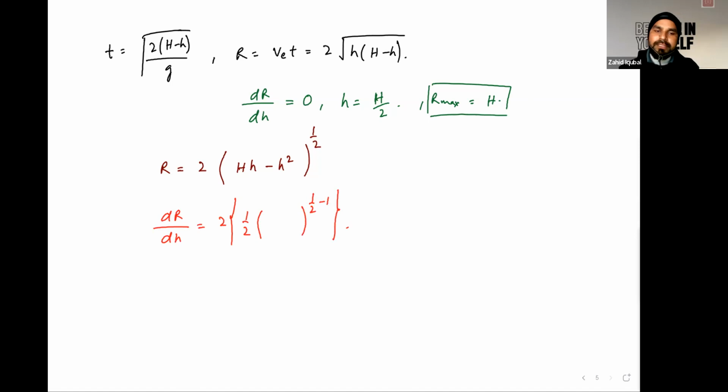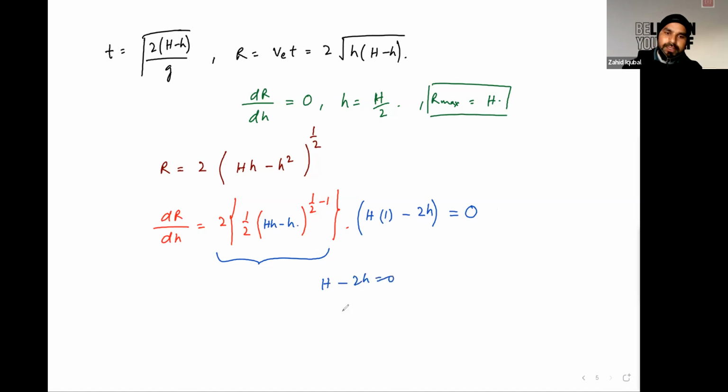Further, differentiation of the algebraic function, H being constant, small h having differentiation 1, minus h squared, its differentiation will be 2h. If we equate it to 0, this entire term having a negative exponent will be in the denominator. So if you move this part to the right side, you'll get 0. So you're left with just H minus 2h equal to 0, or simply h equals H by 2. It means holes should be made at the midpoint of the tank to have maximum range.